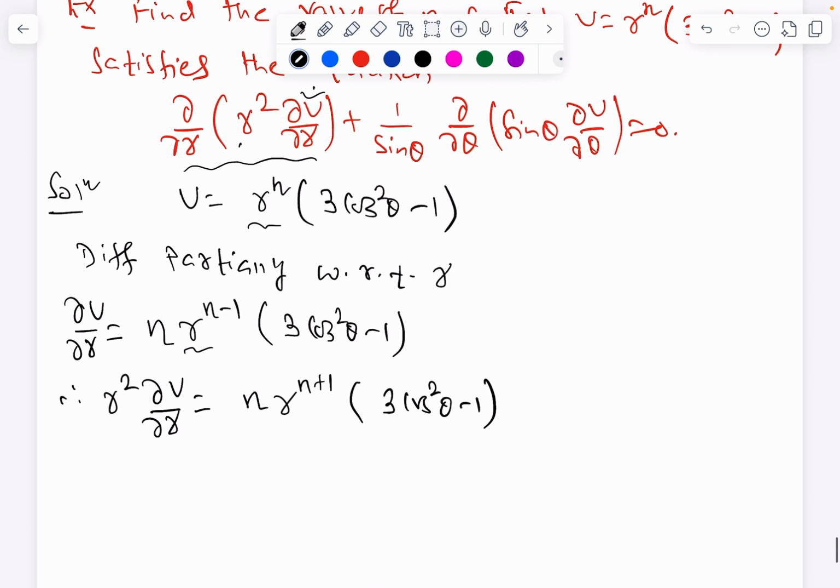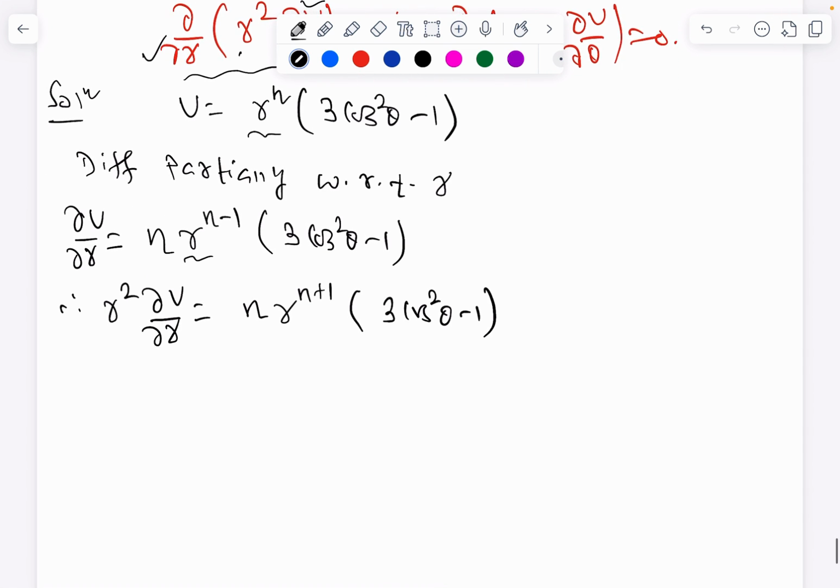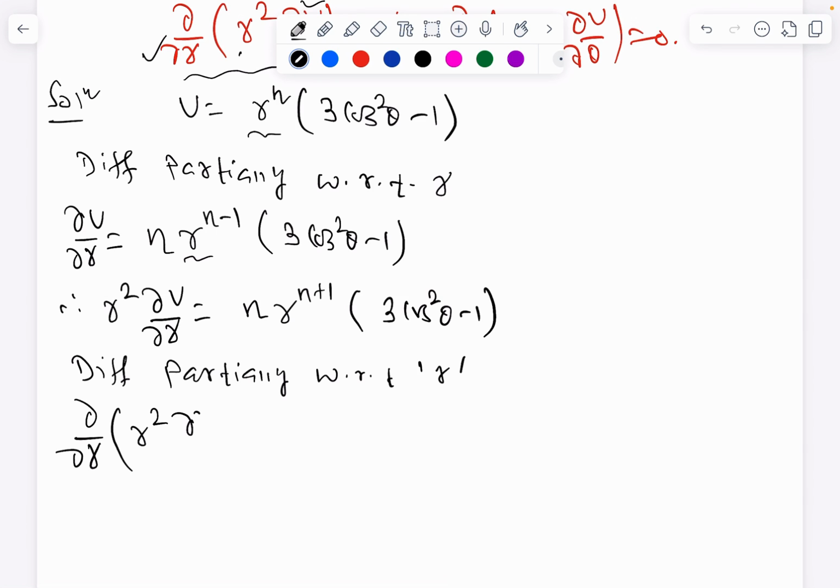Then we again differentiate partially with respect to r. So that is del by del r of r square del u by del r.